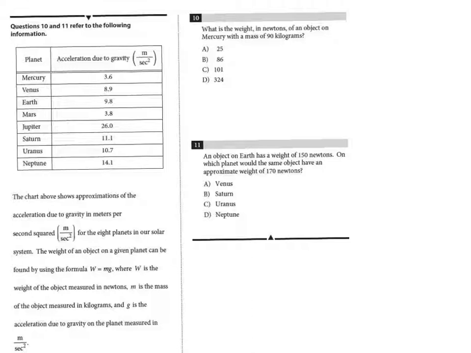Okay, so we know that we have our formula here. All we need to do is plug and chug. We want to find the weight. Well, that's going to equal the mass, which is 90 kilograms, times the acceleration due to gravity, and we're looking for gravity on Mercury.